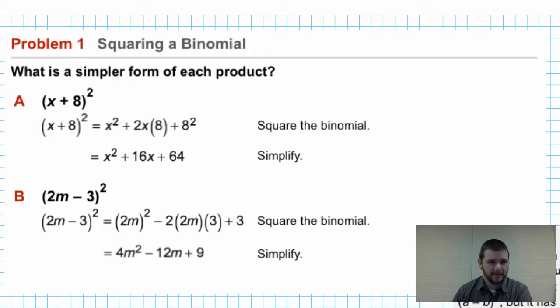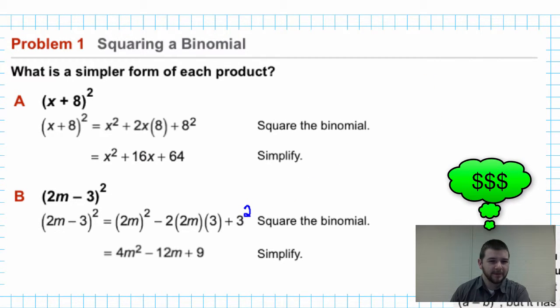And it looks as though they have left out an exponent. That should be plus 3 squared, because remember we always square our second term. So I will correct that for us, and I'm sure our textbook manufacturer will be sending me a check in the mail.